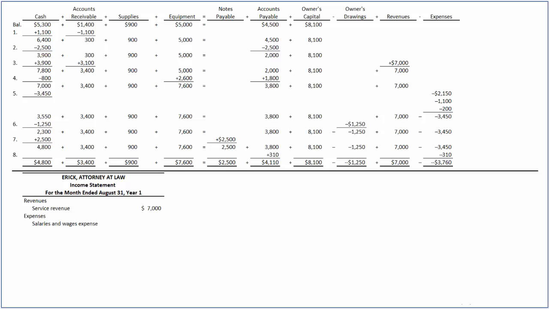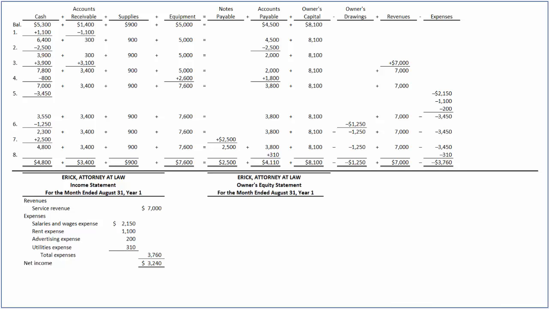It includes salaries and wages expense of $2,150, rent expense of $1,100, advertising expenses of $200, and utilities expenses of $310. The total expenses amount to $3,760. By deducting $3,760 from $7,000, we compute the net income as $3,240.